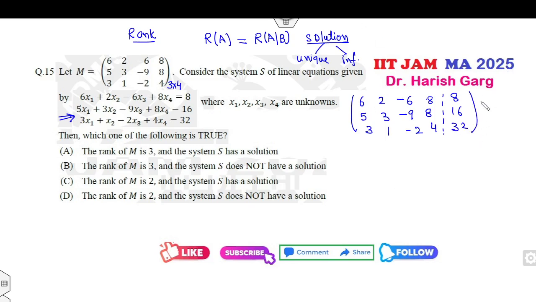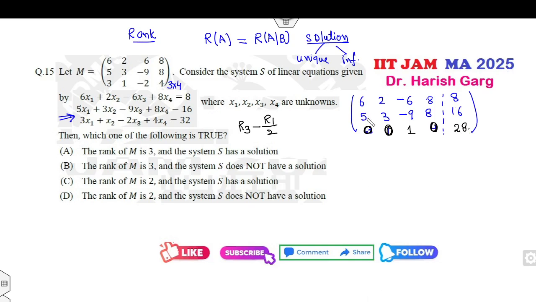Now clearly, if I divide R1 by 2 and subtract it from R3, this number will be 0. 1 minus 1, 0. This number will be minus 2 plus 3, so this number will be plus 1. This part will be 0. 32 minus 4 is my 28.